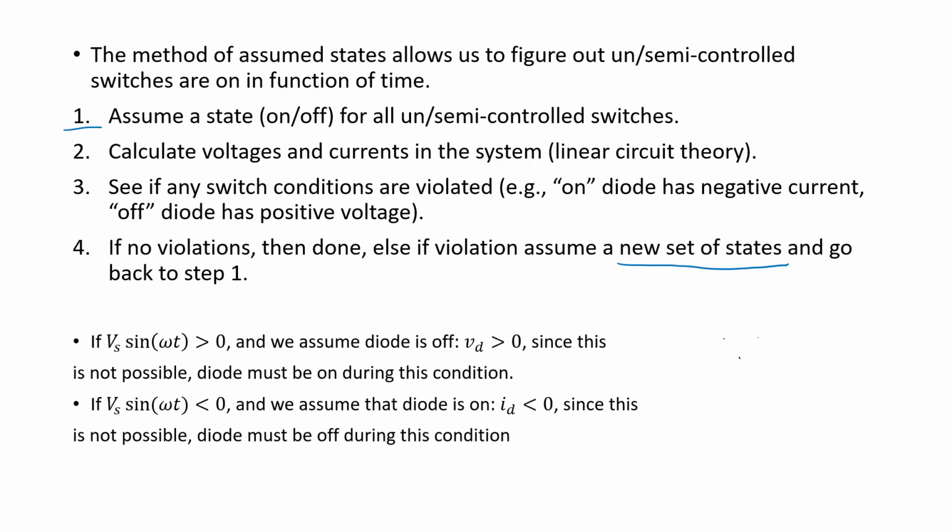And when the sine wave is negative and you assume that the diode is on, you will get negative current, right? When this one becomes negative, voltage here is negative, because this is AC. When the sine wave is negative and you assume the diode is on, you calculate that it conducts with negative voltage here, then you get negative current.